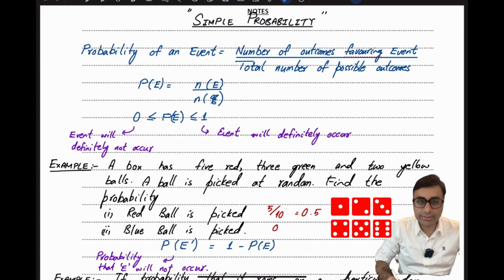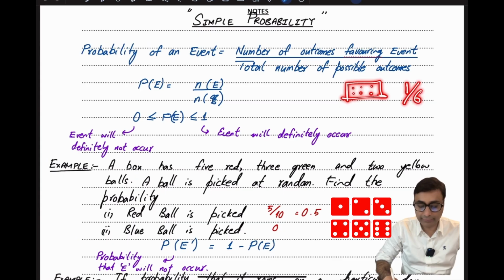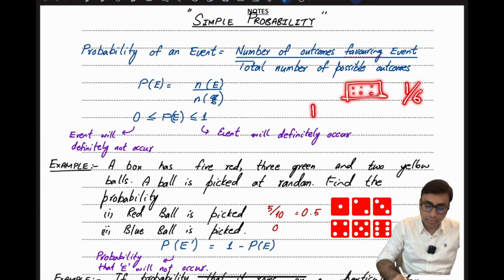So if you consider a six-sided dice, there will be only one face that has 6 on it. So the probability of scoring a 6 would be 1 upon 6. The numbers are 1, 2, 3, 4, 5 and 6.